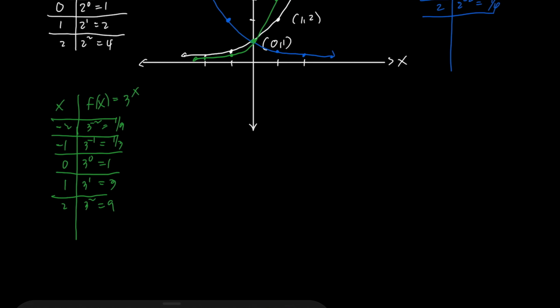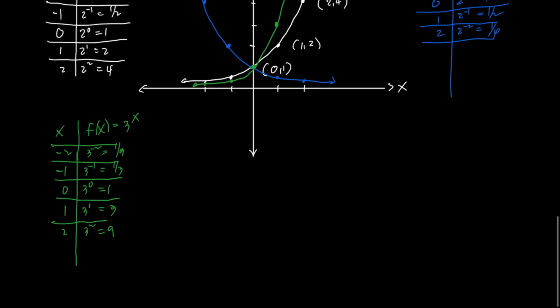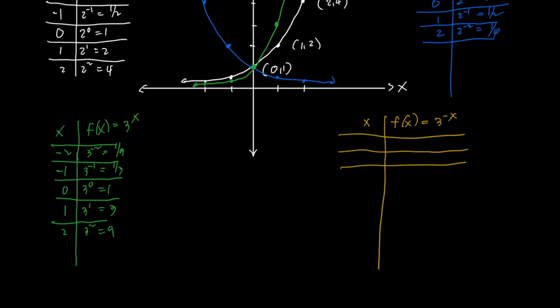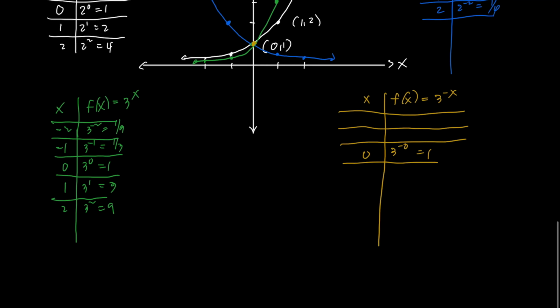One last. Let's have x, then our f of x is equal to 3 to the negative x. If x is 0, that's 3 to the negative 0, that's 1. So this point again.